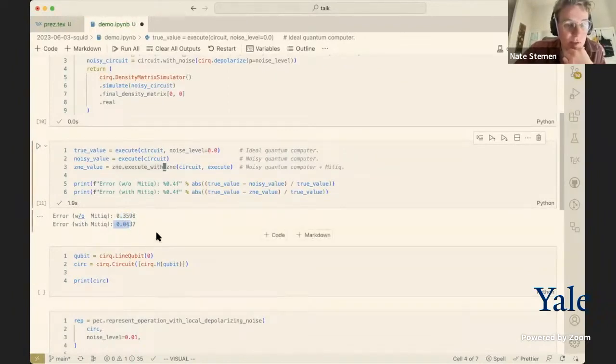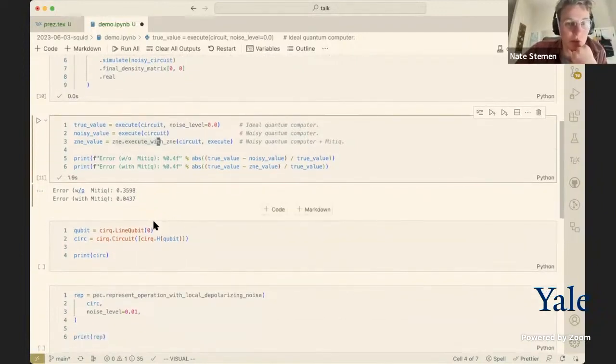So we get quite an improvement. And as you see, it's not too much work. You just have to make an extra call or add Mitiq as a dependency to use this. Like I said, it does require running a few extra circuits, but otherwise it's a relatively straightforward method.